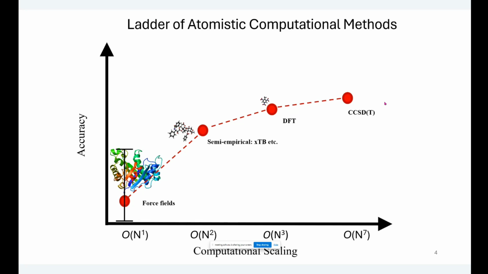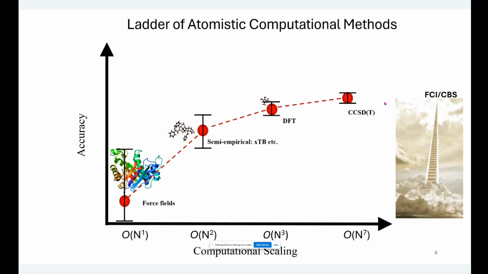It depends. It's really difficult to make force fields universally transferable to different kinds of molecules. As we go to sophisticated methods, DFT and high-level correlated methods, they are universally applicable and have high accuracy, but their cost is prohibitively high.